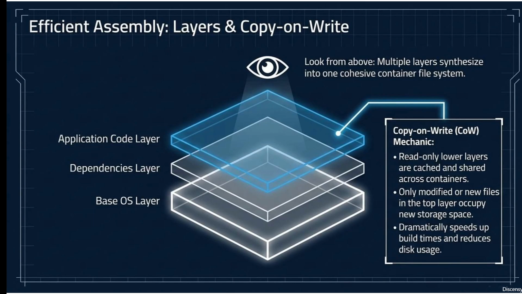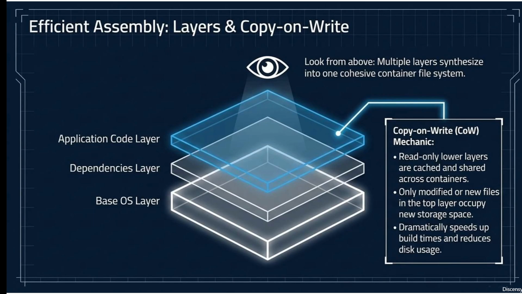And these operations are ensured in a way such that new storage space is occupied only by the new updates or the new modifications which we perform, like new file creations or modifications to the code. Only those require new storage space. And this dramatically speeds up build times and reduces disk usage, because we are performing the operations only on the application code layer, right?